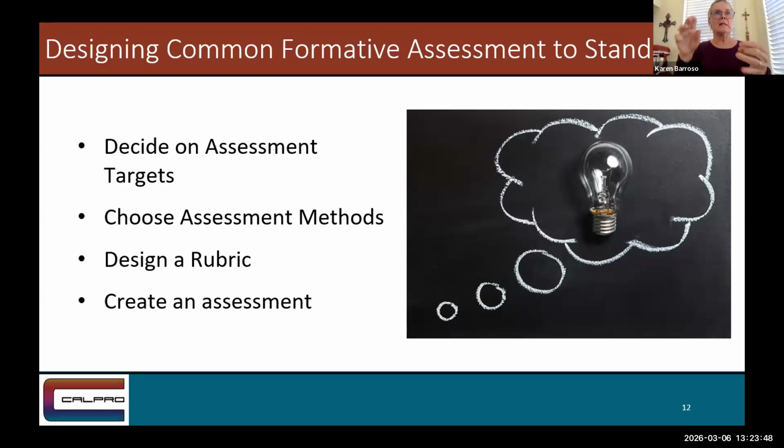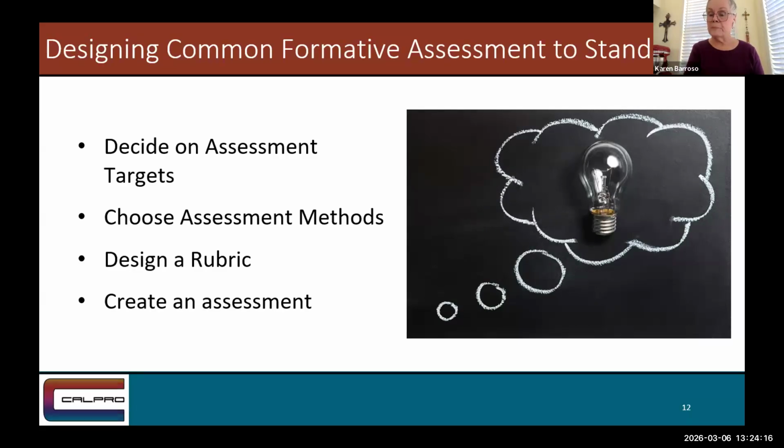Is it assessing main idea and key details? Okay, then your assessment assesses that, not comprehension of the reading, but can they pull out the main idea? Can they pull out of a reading the actual details? If they can do that, they can comprehend the reading, right?